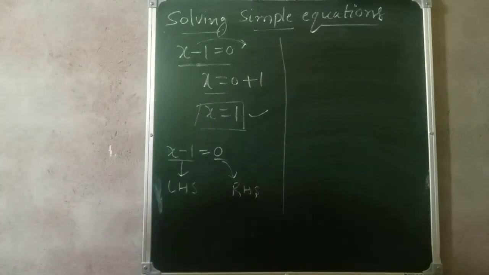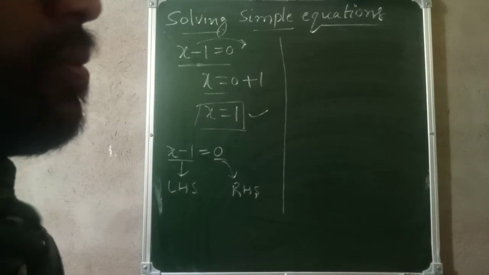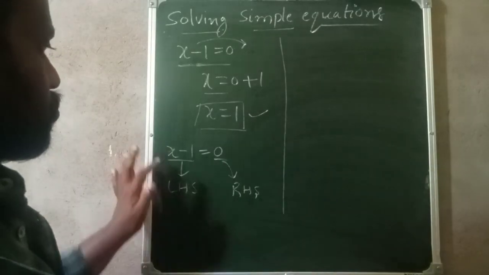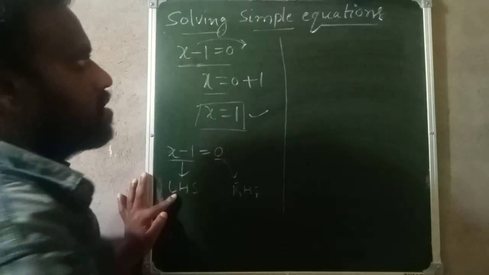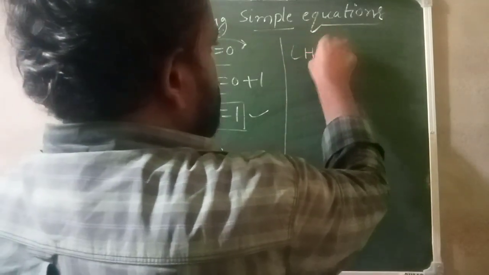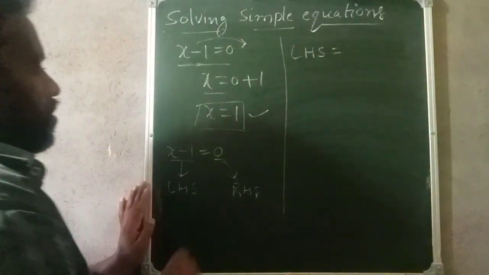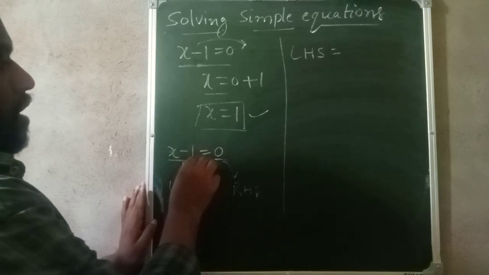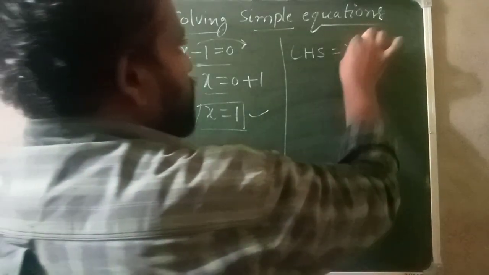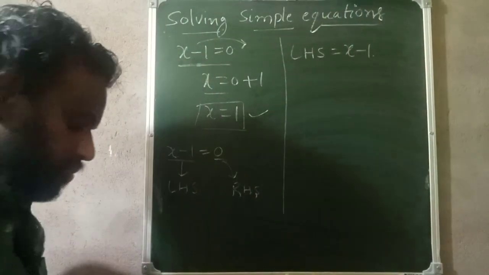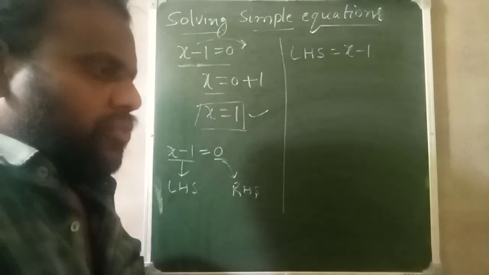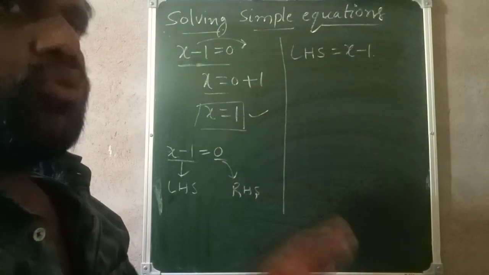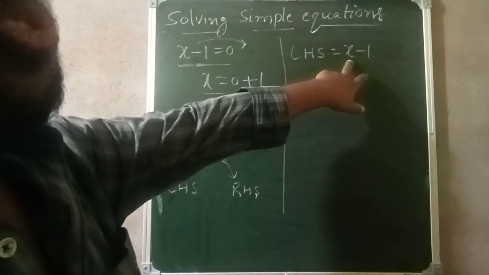Now check on which side the variable x is present. The variable x is present on the LHS. So take this LHS: LHS is equal to x minus 1. In the next step, we have to substitute the value for this x.